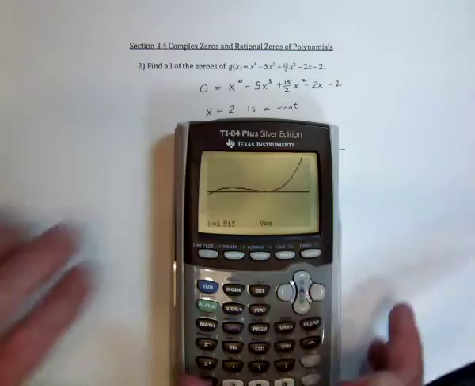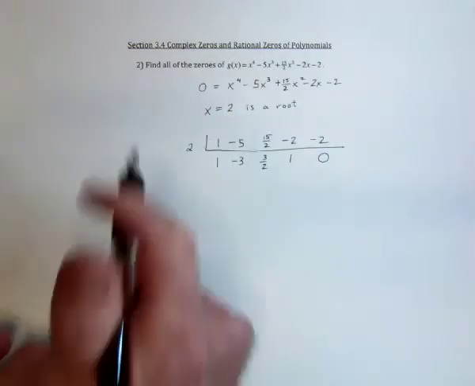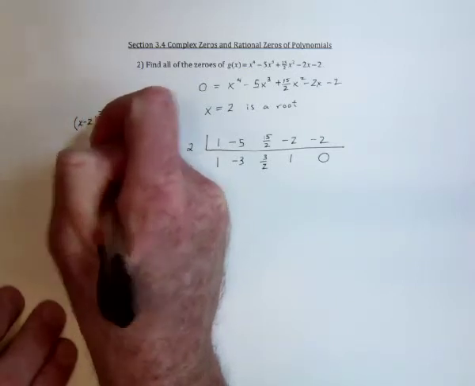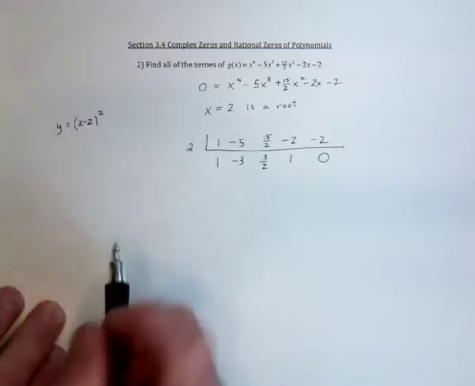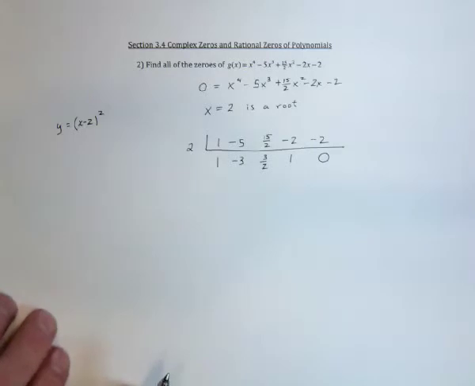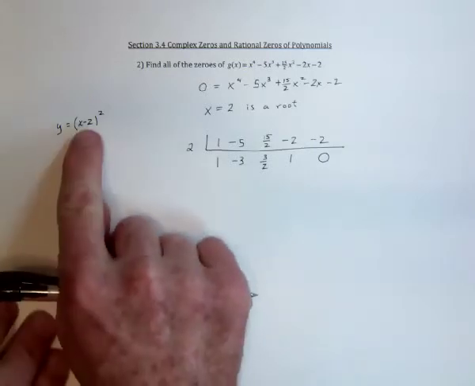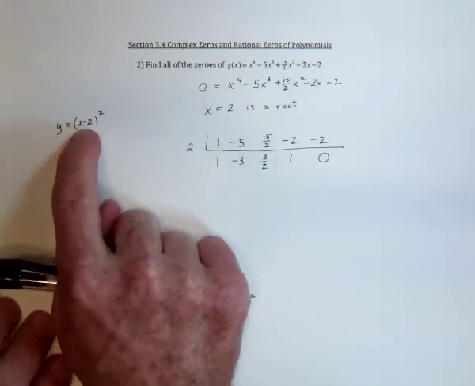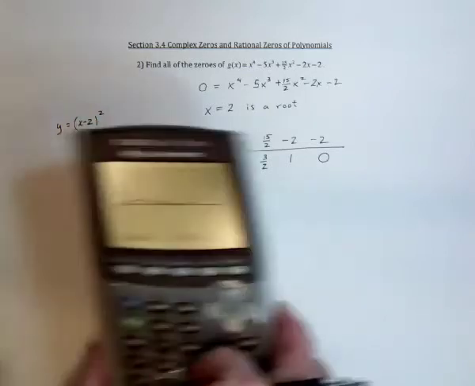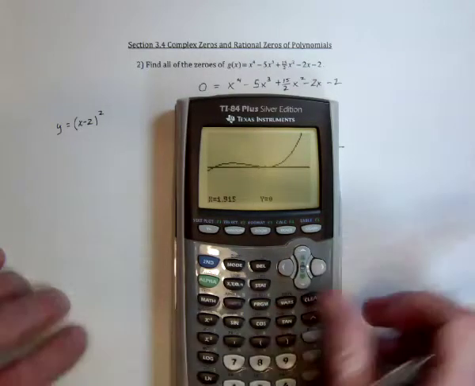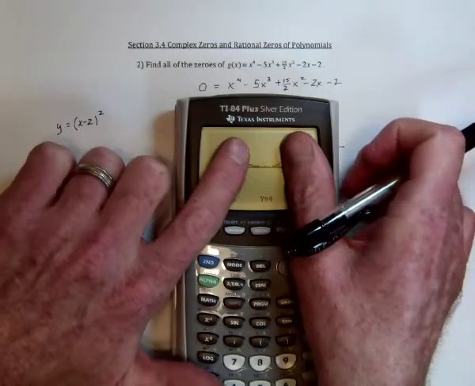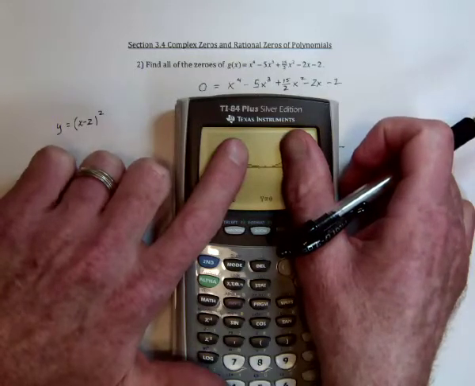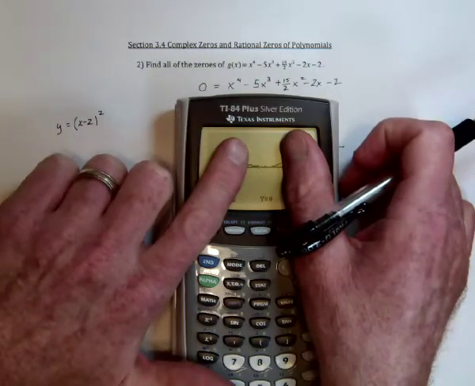In fact, it looks like the parabola y equals x minus 2 squared, so that it's a parabola facing up because of y equals x squared, but it's been shifted over to 2. So just in that area, it looks like a parabola moved over to x equals 2.